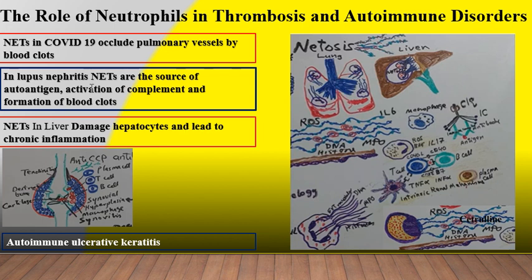In lupus nephritis, NETs are the source of autoantigen activation and also activate the complement and will lead to formation of blood clots within the glomeruli. NETs in the liver, as can be seen here, will lead to damaging of hepatocytes and lead to chronic inflammation.